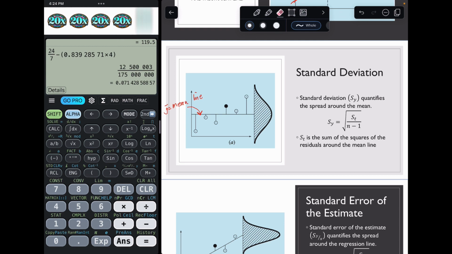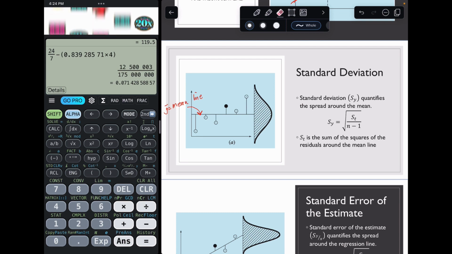Now, how far the data points are from the mean line, we can quantify through the standard deviation, which quantifies the spread around the mean.